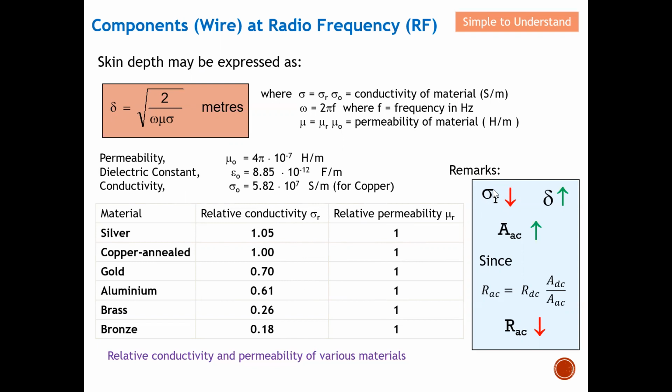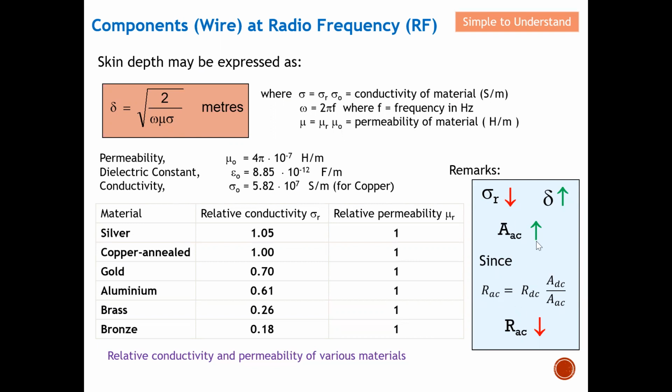The skin depth is controlled by, for example, the conductivity. When I reduce my conductivity, my skin depth increases. Can you see here? When this is reduced, I have a bigger skin depth. When I have this, the area under the AC will also increase, and this is governed by this equation here.